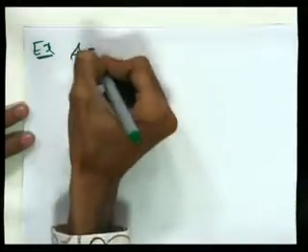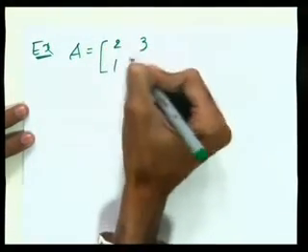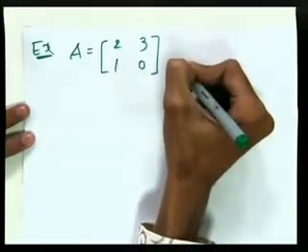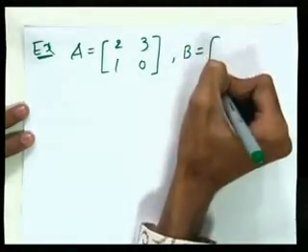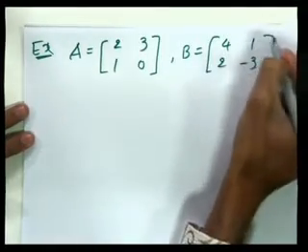Let us look at one more example of addition and subtraction. This is the second example, where A is equal to [2 3; 1 0] and B is equal to [4 1; 2 minus 3].